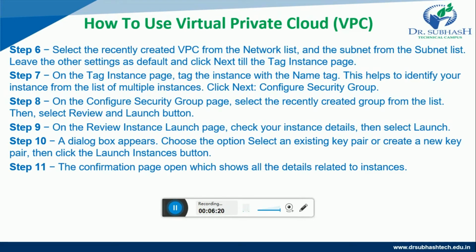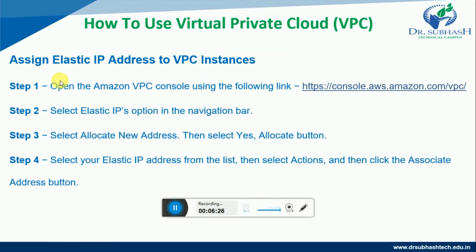So friends, this is how you can use your VPC. We would also like to see how to assign an elastic IP address to our VPC instances. For that, once again we have to follow a 4-step process. In step 1, open the Amazon VPC console using the following link.